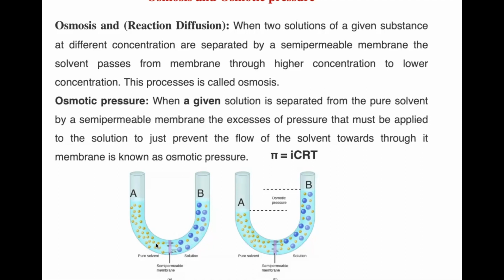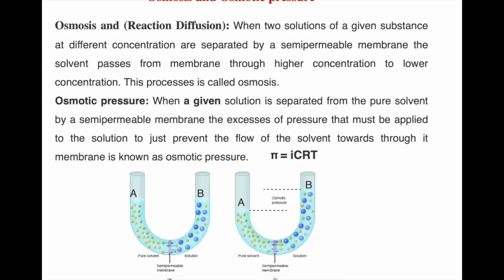Since the chemical potential and the vapor pressure of chamber A is greater than the chemical potential and the vapor pressure of chamber B, the pure solvent flows from chamber A to B until the chemical potential and the vapor pressure of both chambers A and B become equal.